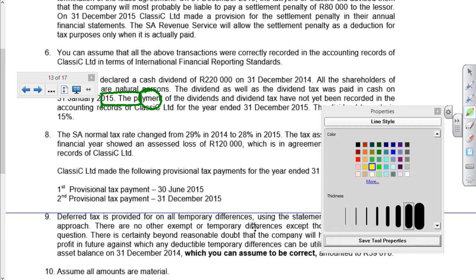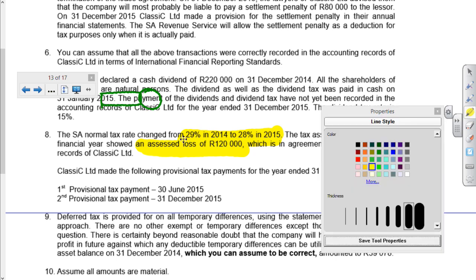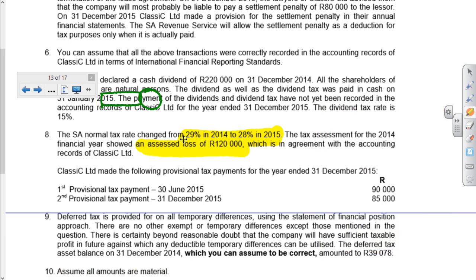The first is that the rate changed from 29 to 28, and that there was an assessed loss of 120. So there was a rate change and an assessed loss of 120 in the year.